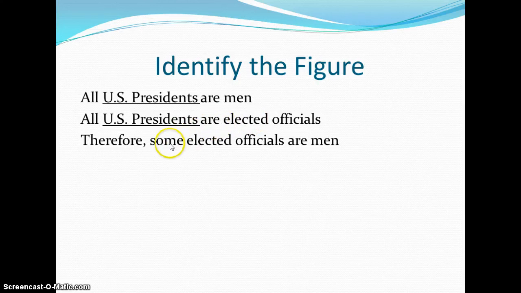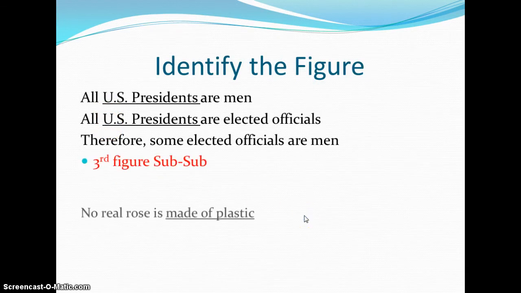So I must use that because it is going to be the minor term, the subject of my conclusion. Some elected officials are men. We see that U.S. presidents is the middle term because it's in both premises. It's the subject of the major premise, the subject of the minor premise. So it's in the sub-sub position, and that would be third figure.